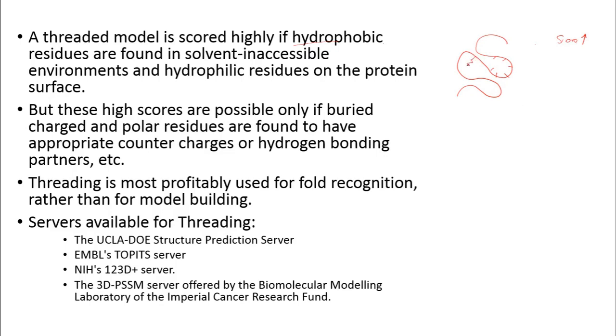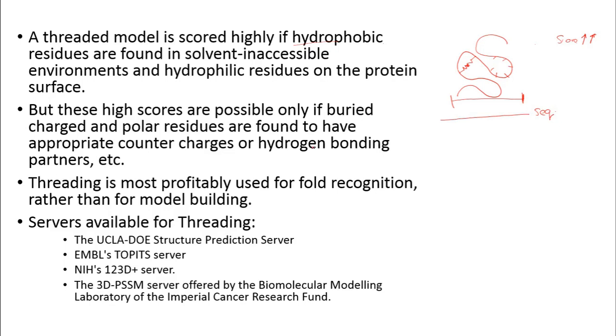If there are polar amino acid residues that have balancing charges present right there. The counter charges should also be there, or these polar amino acid residues should have some hydrogen bonding partners, then the score would again increase. So in this way threading is most profitably used for fold recognition rather than model building. So in this way, you recognize the fold for a given sequence.